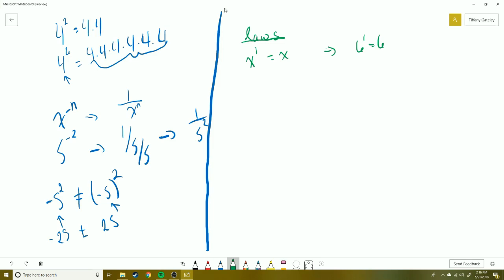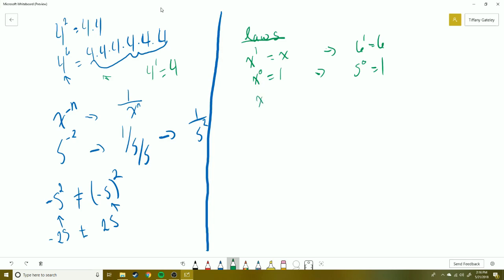If you do 4 to the 1, that's 4 times nothing, so it's 4. And then you have x to the 0 power is 1. So if you have 5 to the 0, that equals 1. So any number raised to the 0 power is 1.